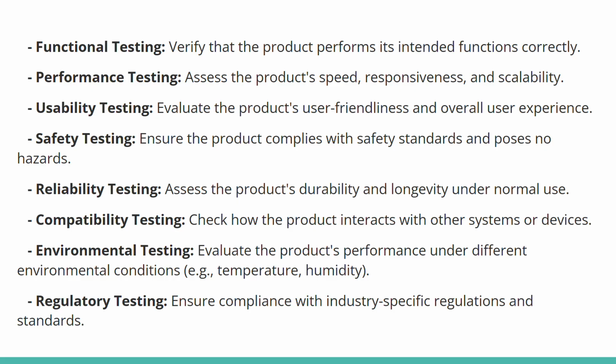Next is environmental testing. Evaluate the product's performance under different environmental conditions such as temperature and humidity. So next is regulatory testing. In regulatory testing, ensure compliance with industry-specific regulations and standards.